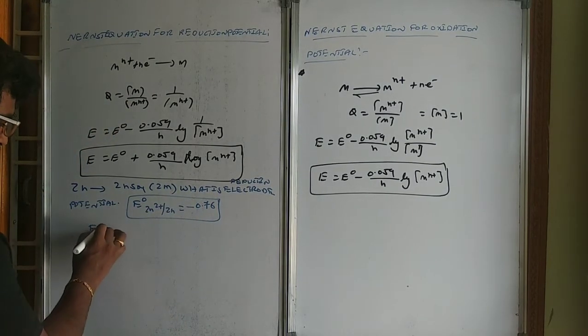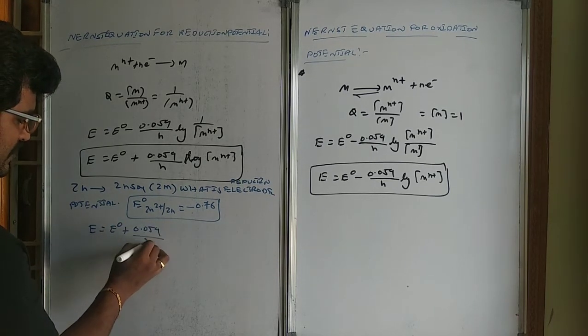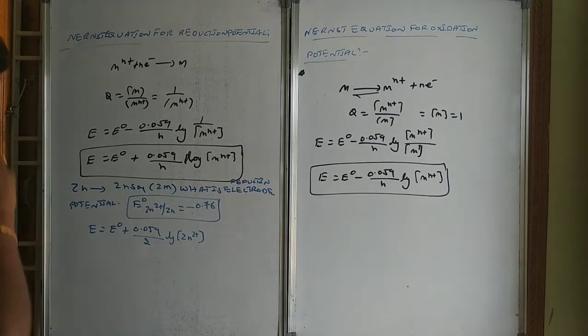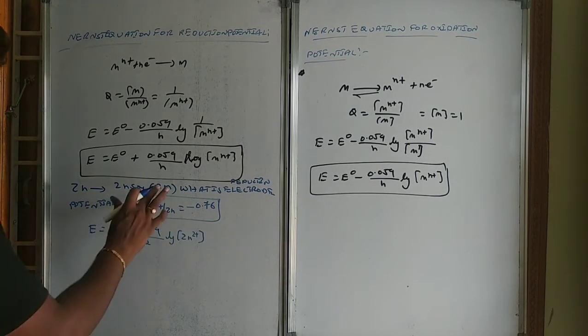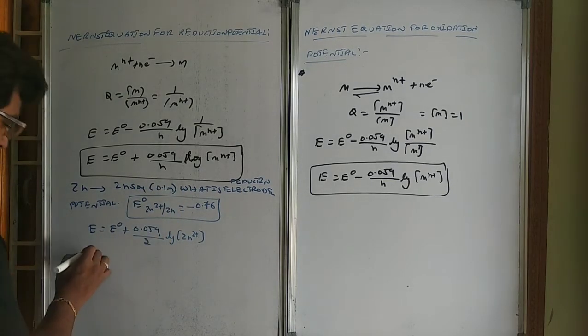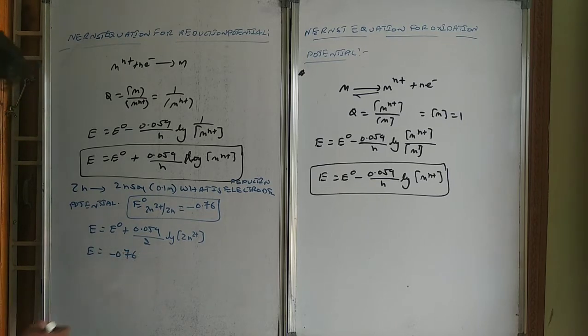So the formula is E equals E naught plus 0.059 by 2 log of Zn2+ concentration. Here they have given you 2 molar. It will be complicated. Let us take 1 molar.